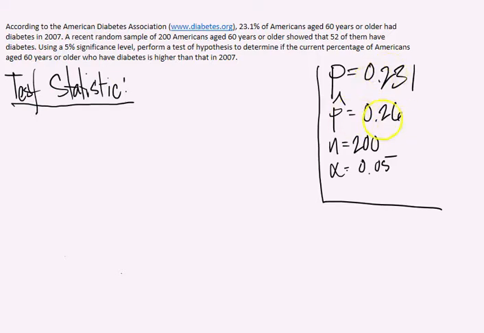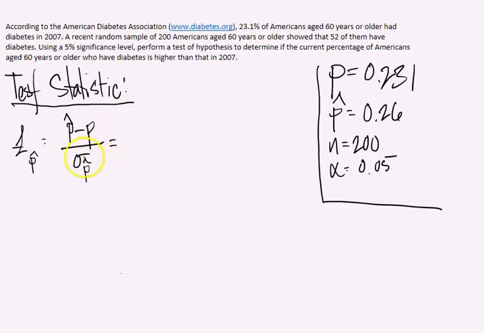We want to look and say, how far is it from my expected value? So we're going to turn it into a z-score. We call this z of p-hat. We know the formula: my sample statistic minus my population parameter over the standard deviation for my population.